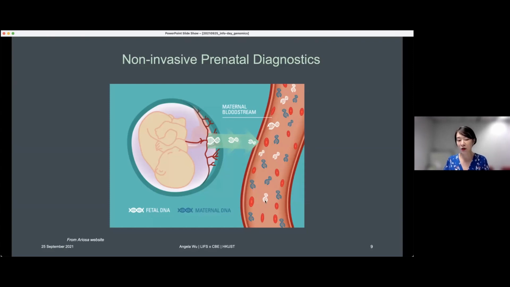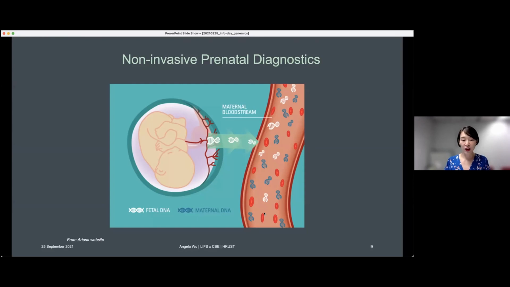Then just by counting the number of pieces of DNA that come from the different chromosomes, we can evaluate whether there's an extra copy of chromosome 21 coming from the baby. So in this way, we now have a non-invasive prenatal diagnostic.